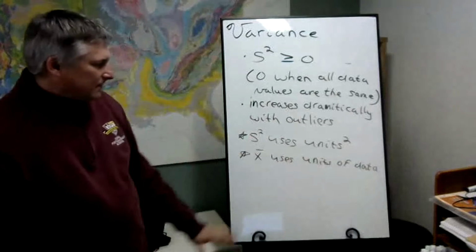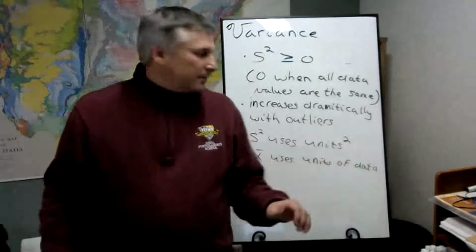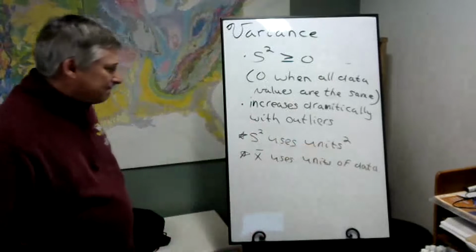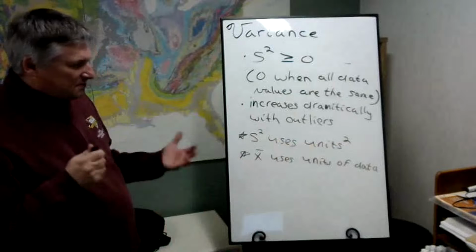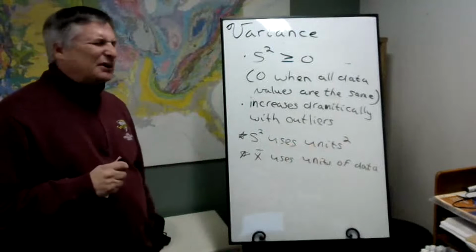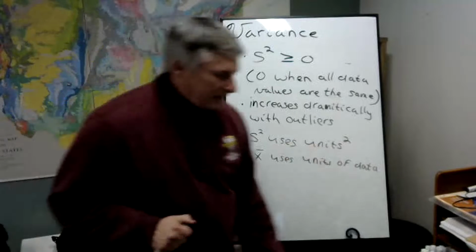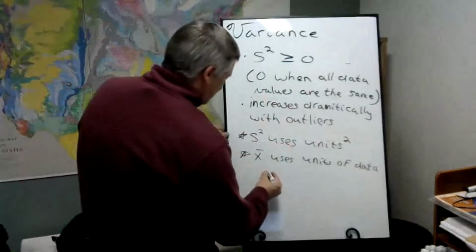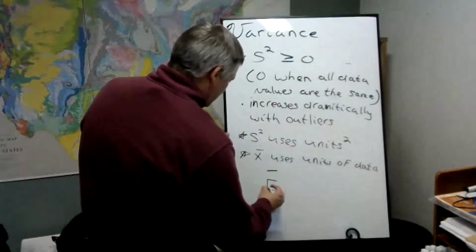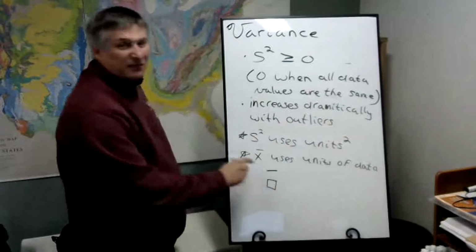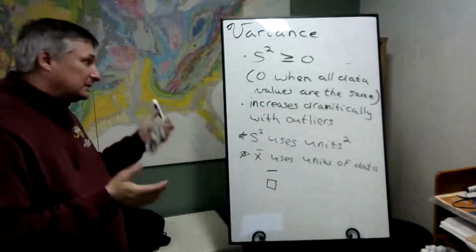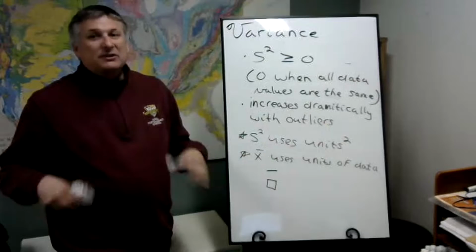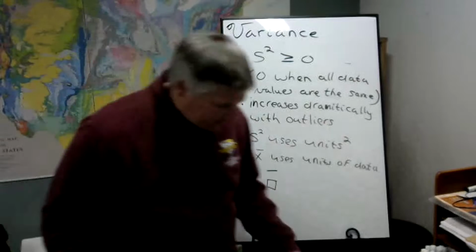So here we just have the units as they are, but this one you're dealing with units squared. So you're dealing with some different meanings here, and you want to be careful. An inch is an inch, but this would be like an inch squared. These are two different things. So that's one reason you might not use this, even though it is an unbiased estimator.